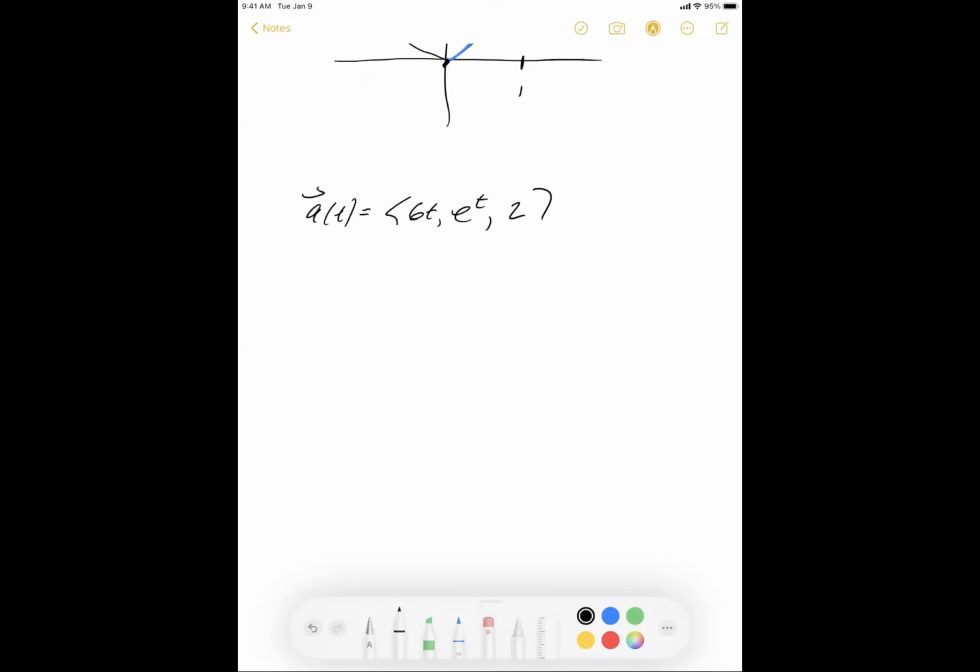Well, if we know a of t, then it'll take 2 antiderivatives to get back to r of t. So first, we can go from acceleration to velocity by taking an antiderivative. That just means take the antiderivative of each one individually. So we'll get 3t squared plus some constant c1, e to the t plus some constant c2, and 2t plus a constant c3.